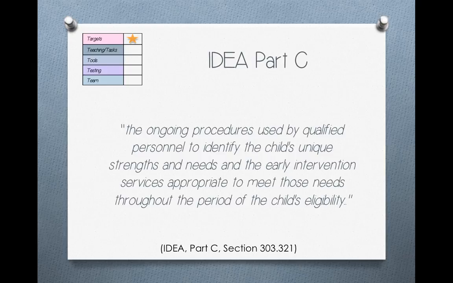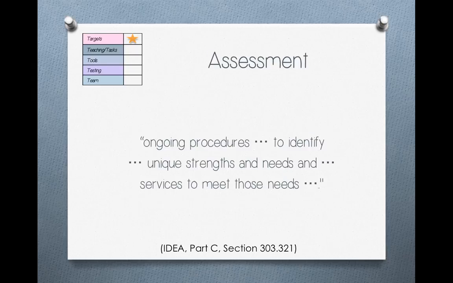Now this is from Part C, so it's for the early intervention group, but the definition applies as well to our school-age students. And here I have a gloss that'll help to break down that definition a little bit more: ongoing procedures identifying unique strengths and needs, and identifying services to meet those needs.